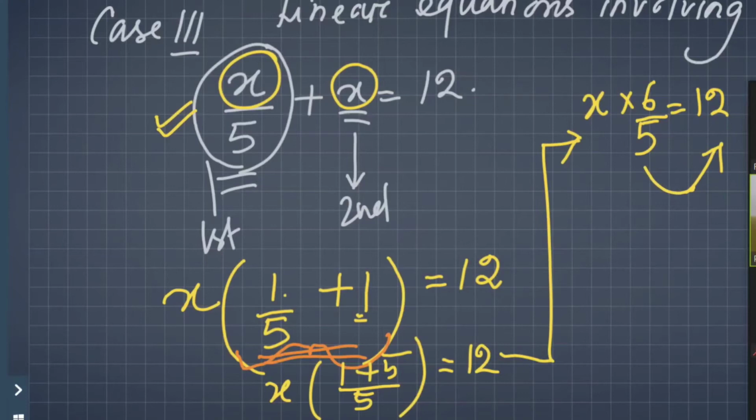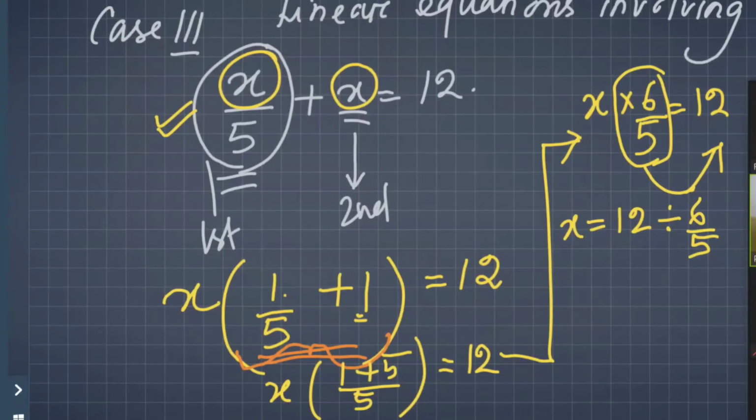It will become the reciprocal, or you can say if 6 by 5 has been multiplied over here, it will be divided on the other side of the equation. So x is equal to 12 divided by 6 by 5, which is equal to 12 into 5 by 6.